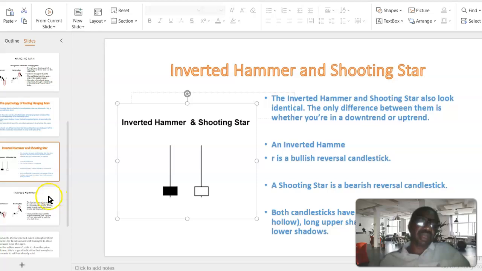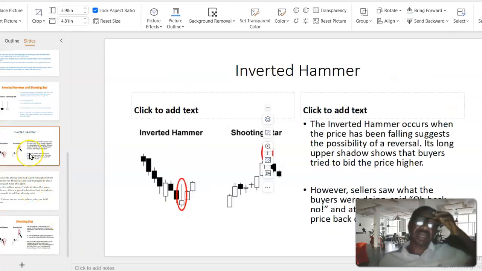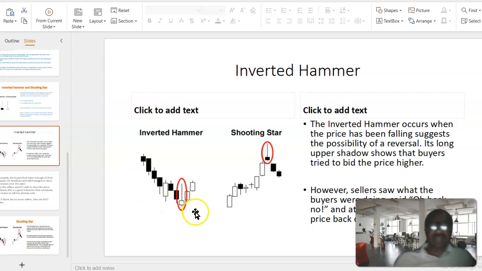So now let's look at where you see them. This is an inverted hammer. What happens when it was created? Price sold and sold up to a particular length.